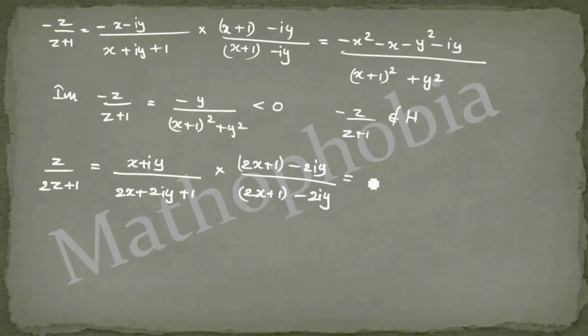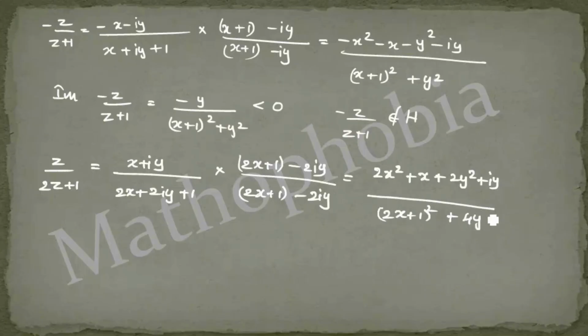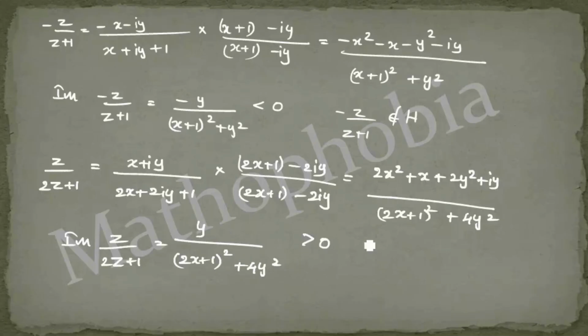So conjugate இதை multiply பண்ணி solve பண்ணா we'll get 2x square plus x plus 2y square plus iy by 2x plus 1 whole square plus 4y square. இதோட imaginary part consider பண்ணா z by 2z plus 1 will be equal to y by 2x plus 1 whole square plus 4y square, which is greater than 0.